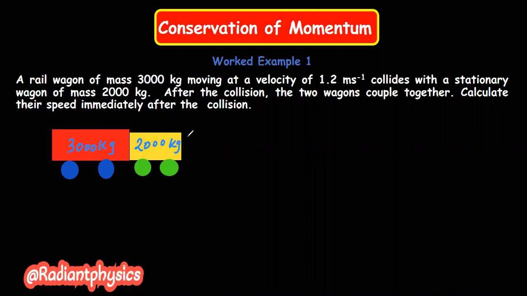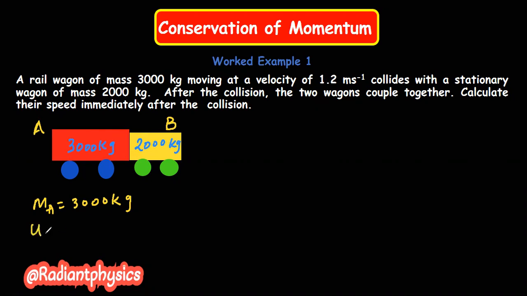Let's just bring out what we have in this question. Let's call this one A and this one B. So we have mass MA, which is 3,000 kilograms, and the initial velocity of this is 1.2 meters per second.